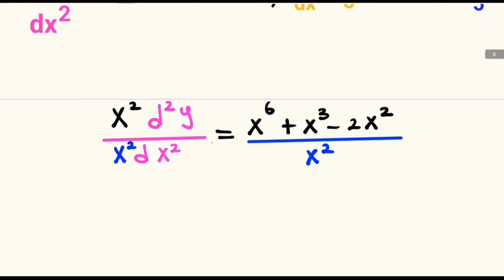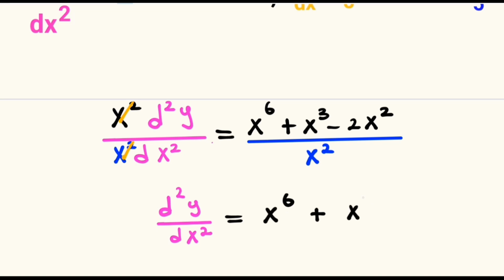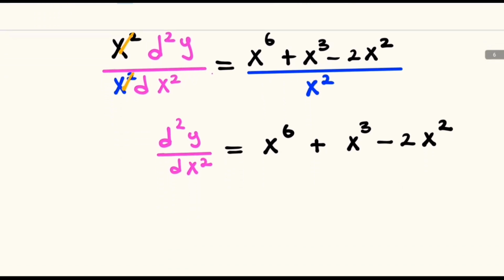We divide both sides of the equation by x squared, and that x squared and that x squared will cancel out, such that the second derivative of y with respect to x will be equal to x to the power 6 plus x cubed minus 2x squared, and each and every term will be divided by x squared.